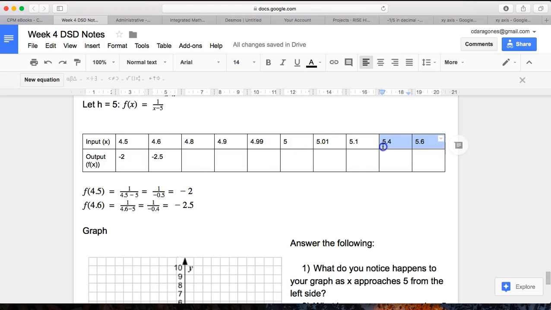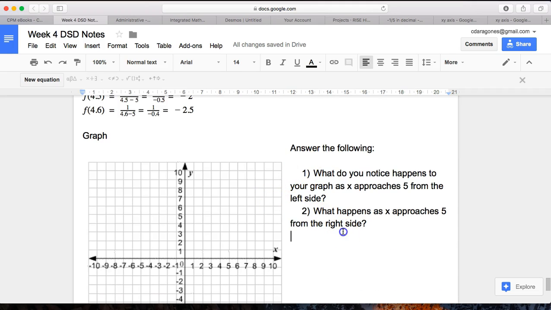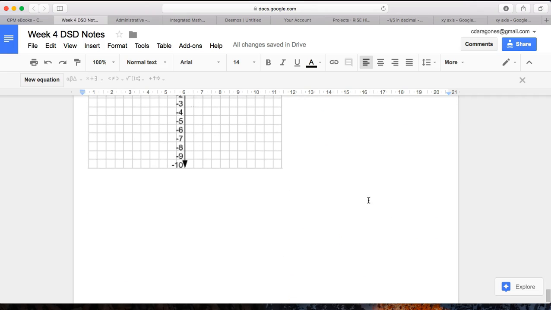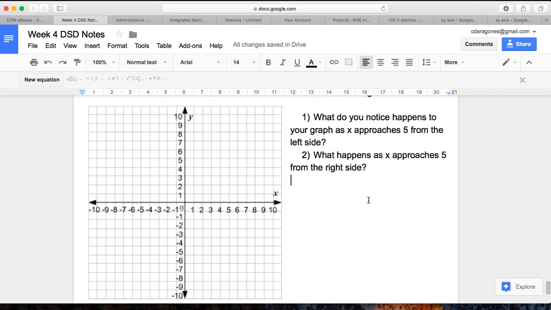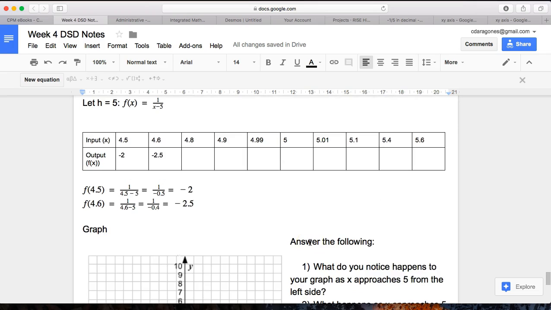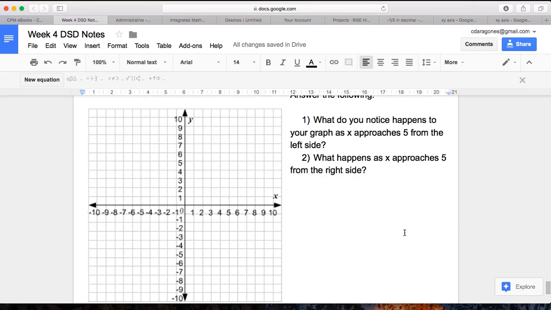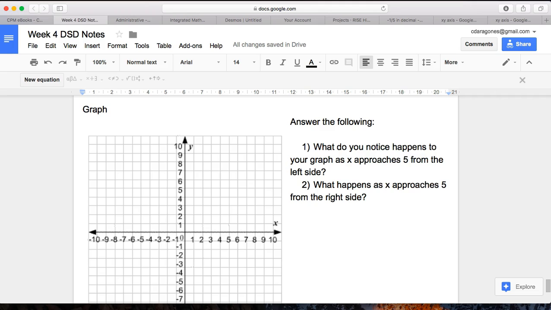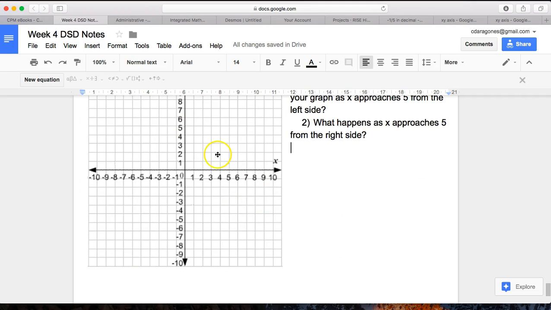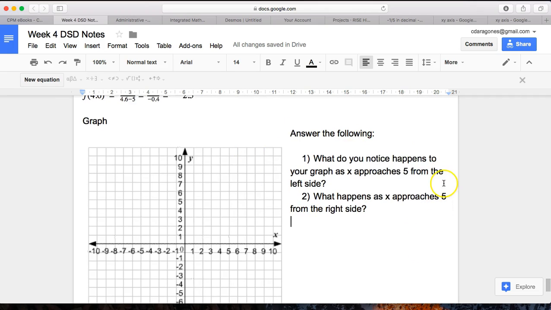And as we get closer and closer to 5 from the right side, what happens to your graph? There's no right or wrong answer here. I just want to see what you observe, what you're able to graph and observe on your own. We'll check in during workshop if you have trouble with this. Whatever you have, take a photo of this page and upload it on Dreamseed Do. So finish your table of values, graph your table of values, and then answer these two questions.